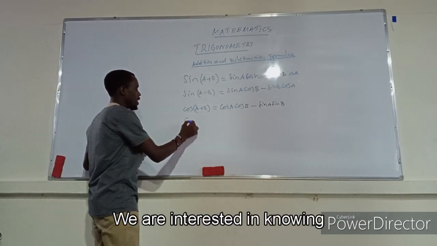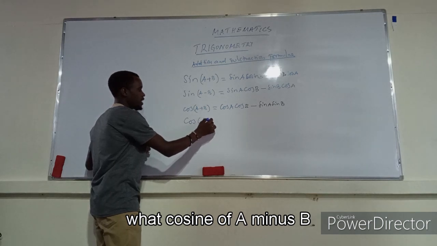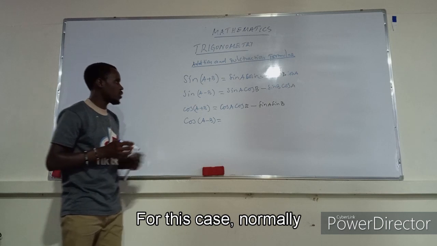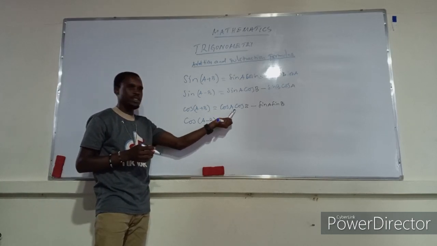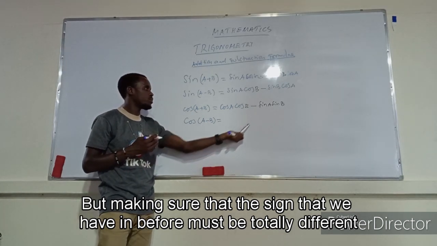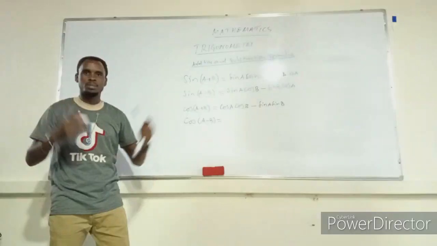Suppose that we are interested in knowing what cosine of A minus B gives. For this case, normally we shall have the same, but making sure that the sign that we are having before must be totally different from the sign that we are having there after expanding.